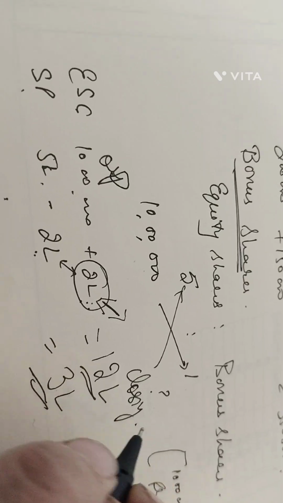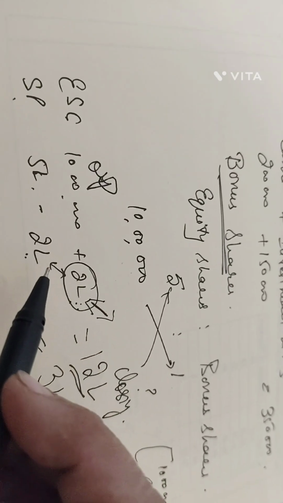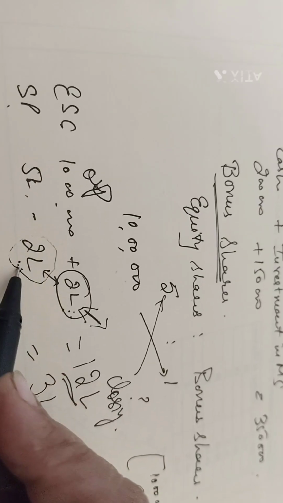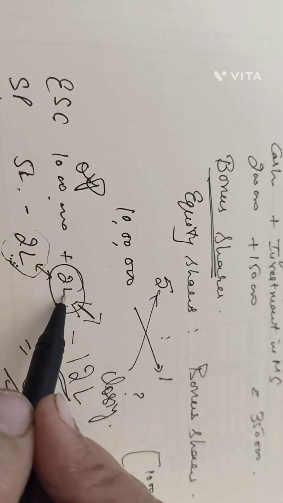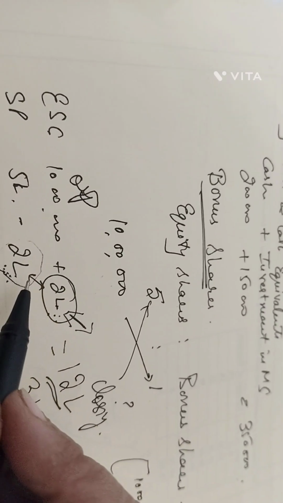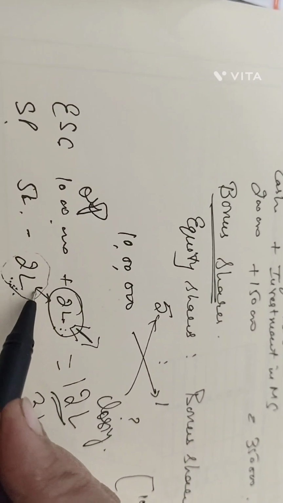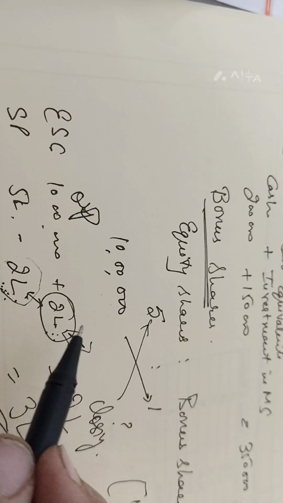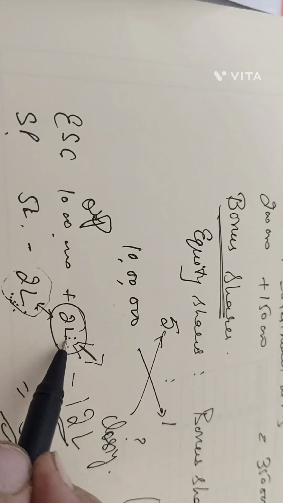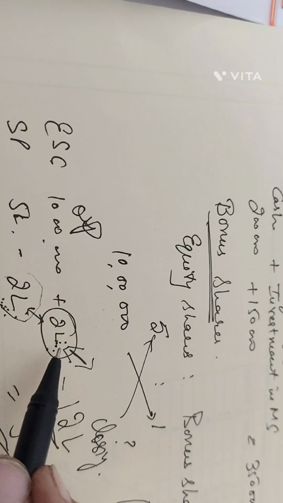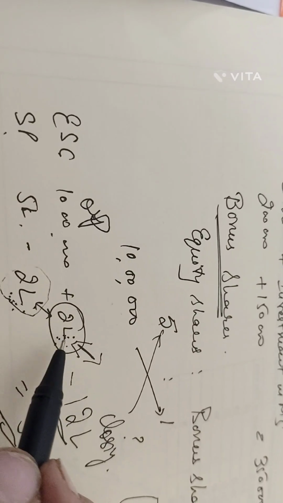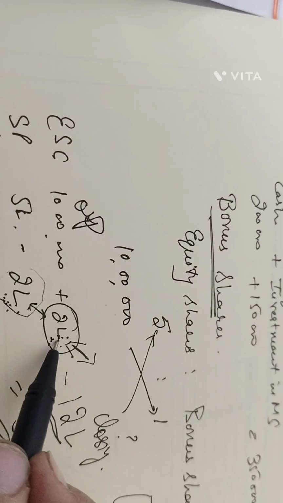It shows that the value of the bonus shares taken out of your reserve and added to your equity share capital was equal. So we have only capitalized our reserves for the issue of bonus shares. No money came into the business, no money went out of the business, so there is no inflow, no outflow because of the issue of bonus shares.